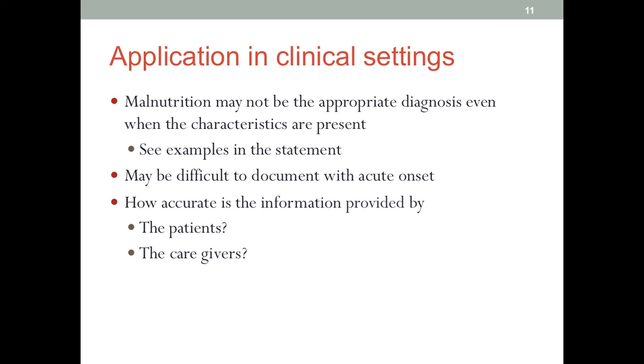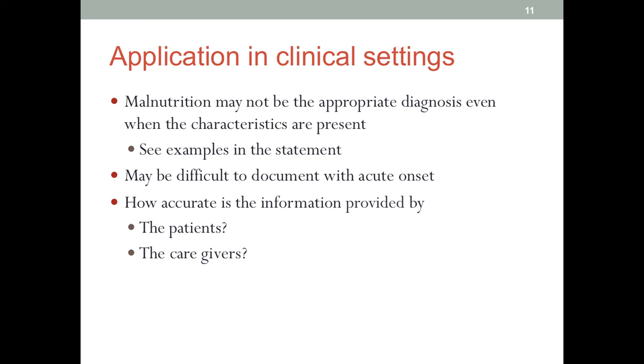Maybe there's no friends or family around, no caregivers. So we have no way to really assess what the patient's intake was like before the trauma. And we also might not have access to the weight history to determine if there were any weight changes. Also, edema may form later on after our initial assessment, and so we wouldn't be aware of it at that time, and this can pose a challenge to document malnutrition.